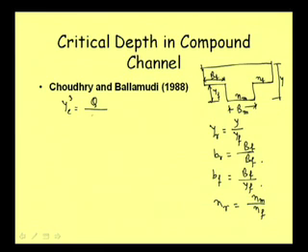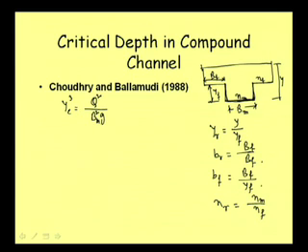Small q is equal to Q by B, and when we talk about this rectangular portion, that is the lower portion of the compound channel, then it is just a simple rectangular channel, and we can have this expression, that is yc cube is equal to q square by g, where q square we can write as Q square by Bm square.